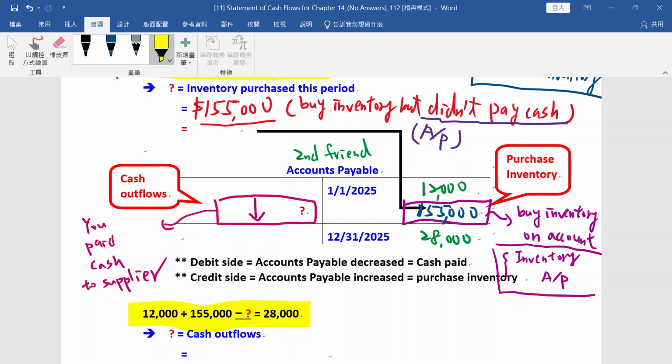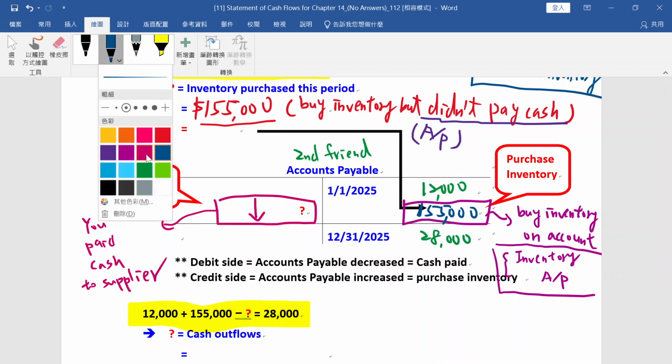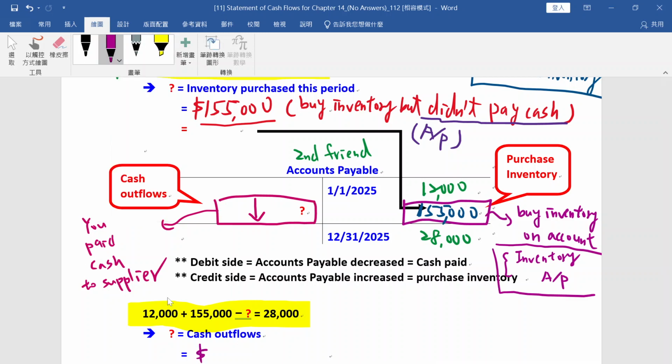What's the question mark? $139,000, right? Okay. So I know the question mark how much? $139,000 from this question mark.